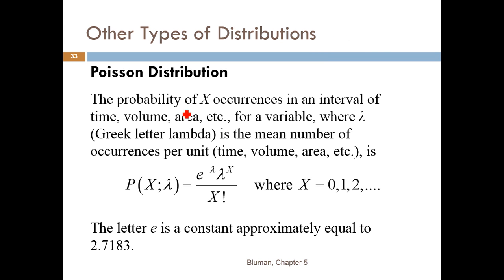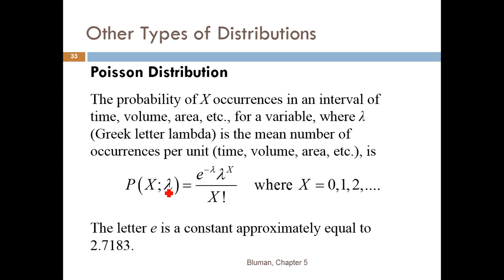Okay, that's kind of what we're talking about. The way you write it is the probability of X occurrences, whatever you're looking for, then a semicolon, and you use lambda for the mean number of occurrences. So what's the probability of this many occurrences happening if this is the average? You have to have an average. In a given movie, the average number of times that the film breaks is 0.1.